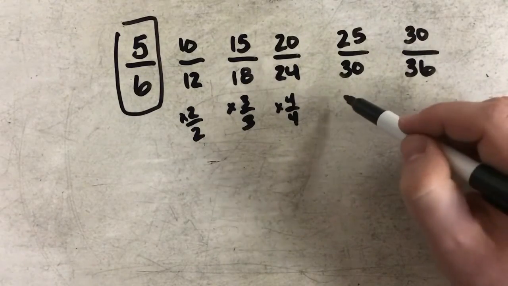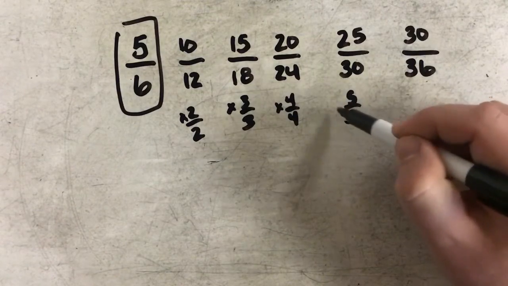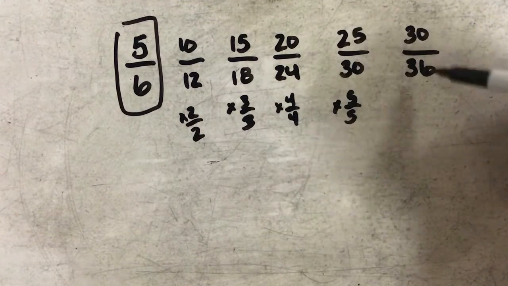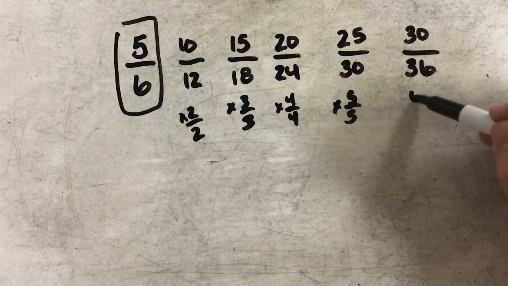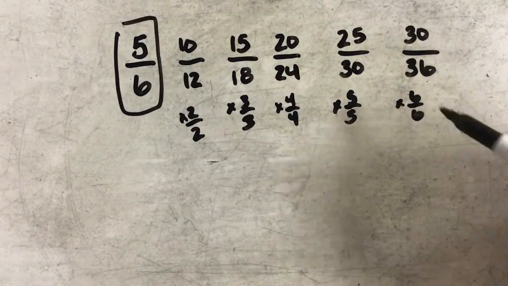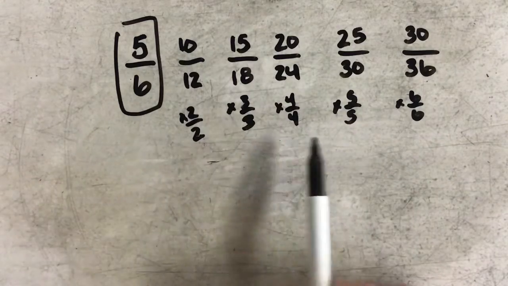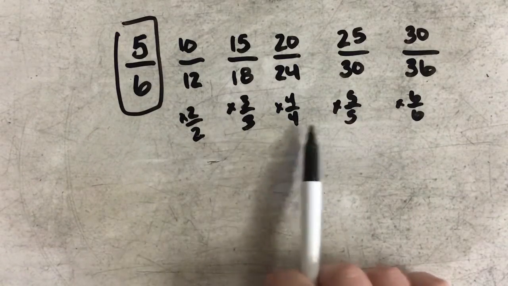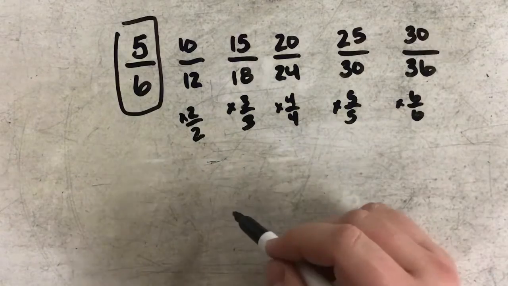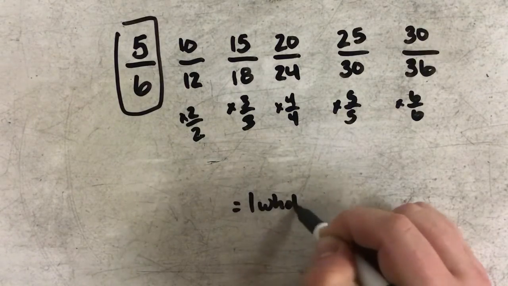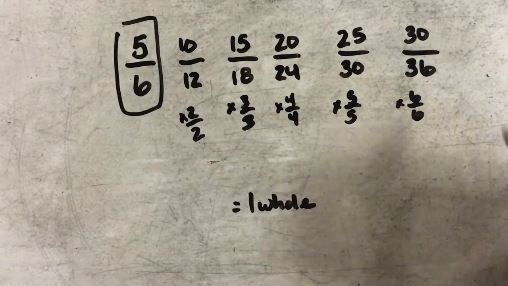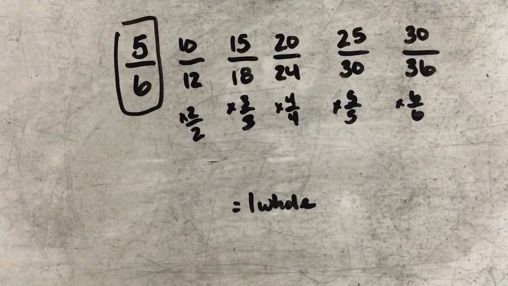For 25/30, I multiplied by 5 over 5. And for 30/36, I multiplied by 6 over 6. Again, not changing the value of any of these fractions, since each fraction that I multiplied it by is actually equivalent to one whole. That is how I can write equivalent fractions.